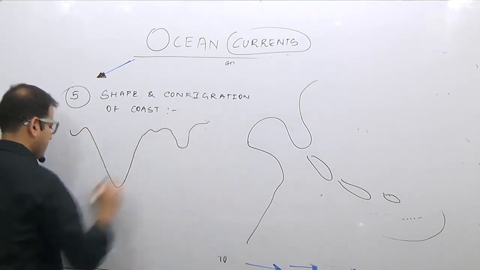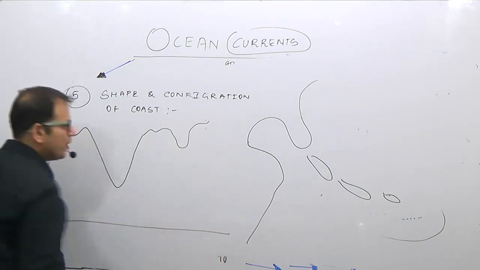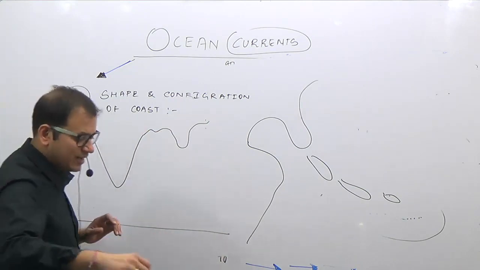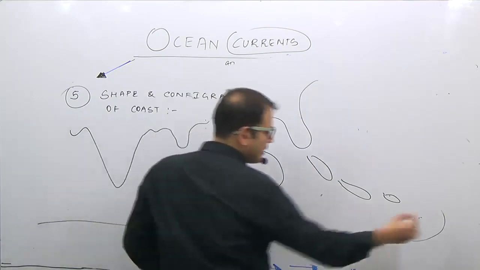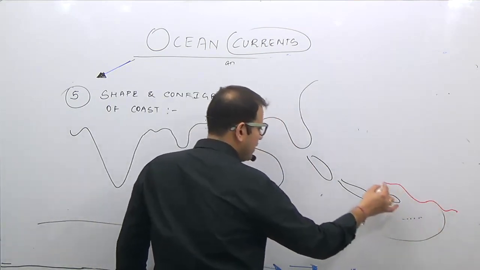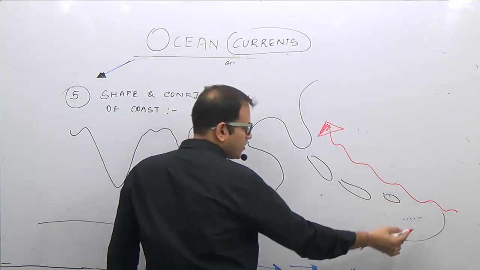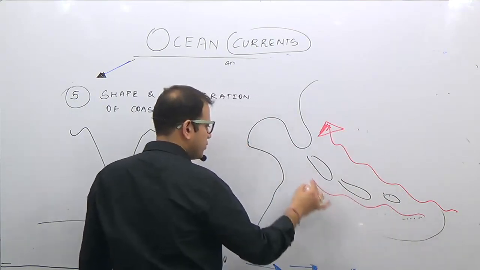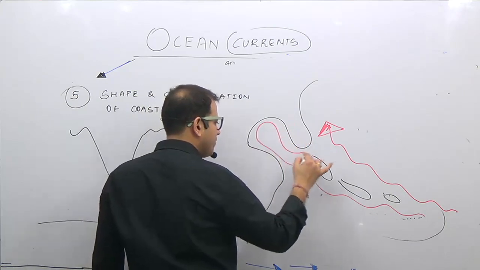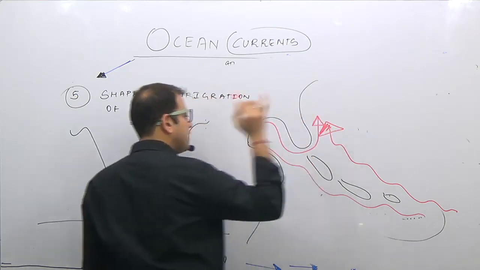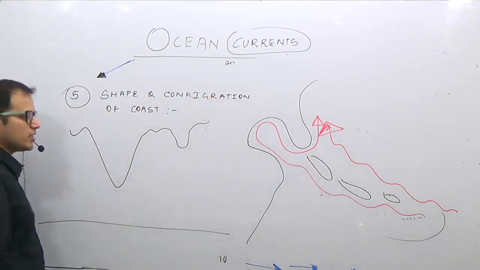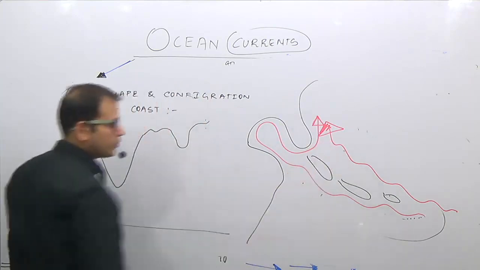How do the ocean currents behave in this region? One ocean current is flowing outside the Gulf of Mexico. The other ocean current is entering the Gulf of Mexico, and then going and joining this region. So this is one ocean current, and this is the other.